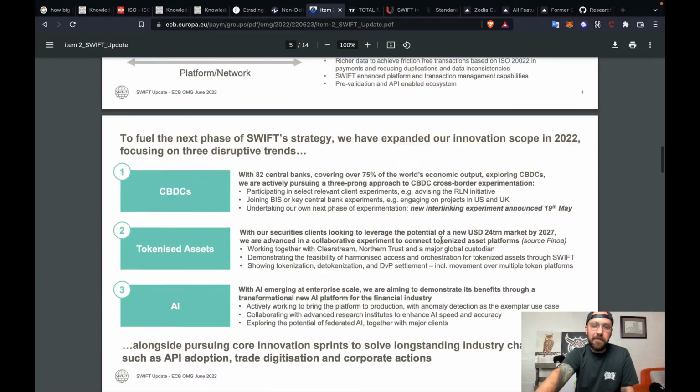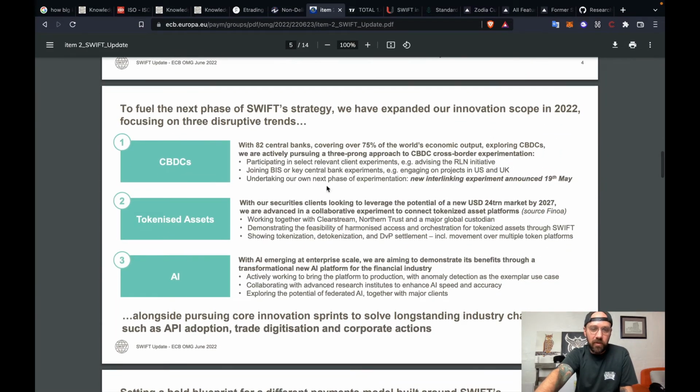And up above here, which I also delve into a little bit within this month's section, SWIFT's securities clients are looking to leverage the potential of a new USD $24 trillion market by 2027, advancing a collaborative experiment to connect tokenized asset platforms. Tokenization, digital assets, cryptocurrencies, all of these things are obviously intermingled.